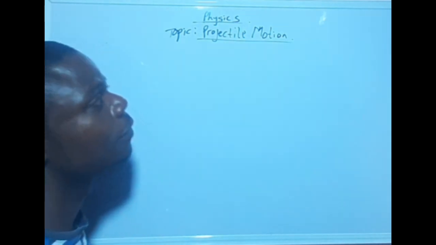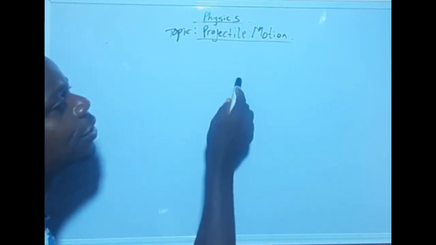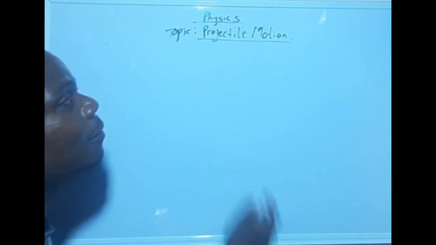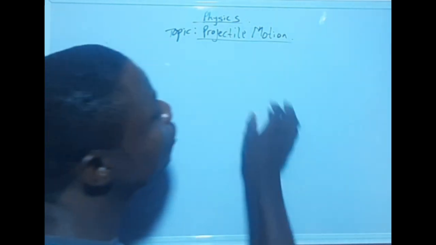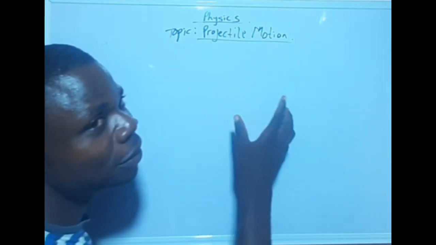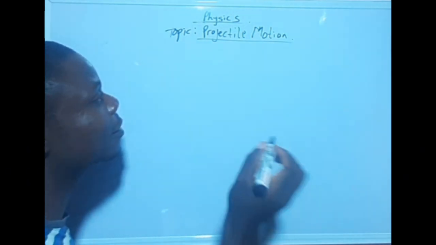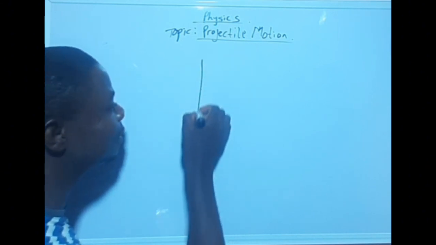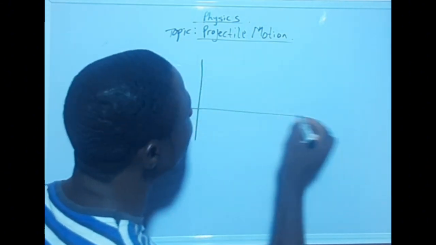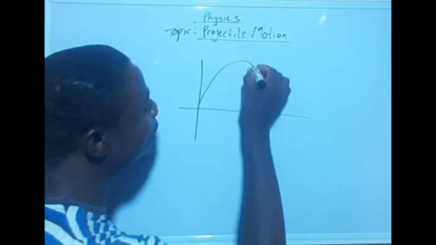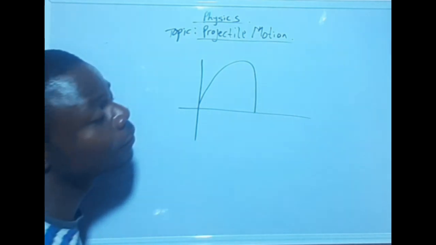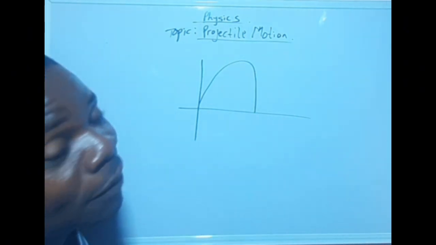Are you getting me now? Now, let's check the assumptions of the above definition. You have to agree with me that the trajectory path of a projectile motion is always a parabolic path.